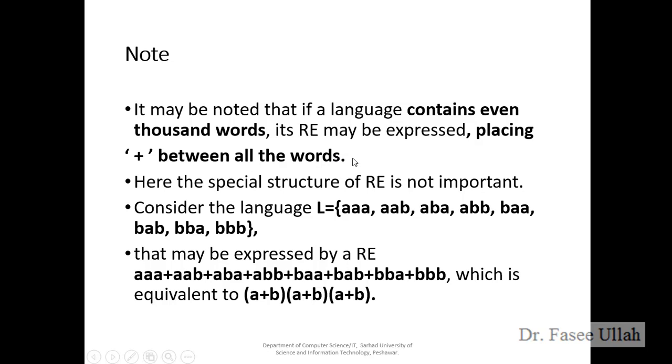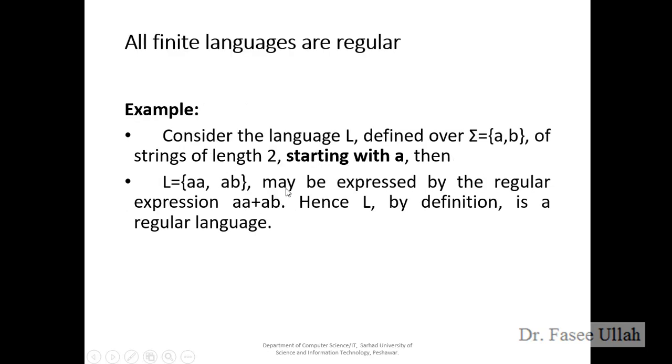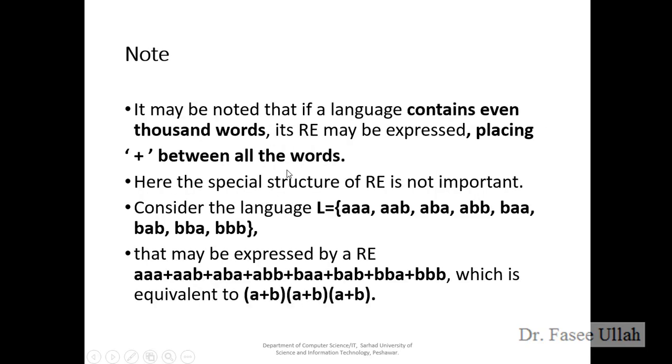Here we have the same explanation, replacing comma with plus symbol. We have an example over here: a a a, comma, a a, comma, a b, comma, a b a, and so on. We can replace the commas with the plus symbol for the regular expression, just putting the plus symbol and omitting the comma.